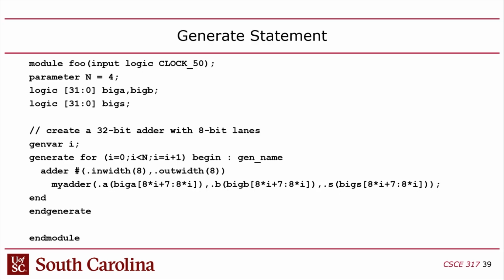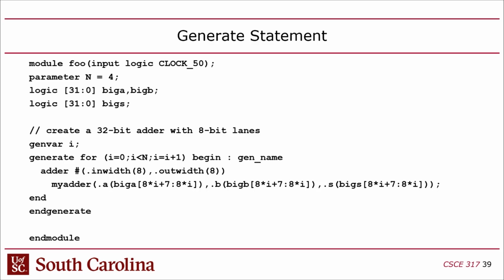So it's just 8 times i plus 7 down to 8 times i. That ends up being 7 down to 0, and then 15 down to 8, and then 23 down to 16, and then 31 down to 24. Everything's just multiples of 8.